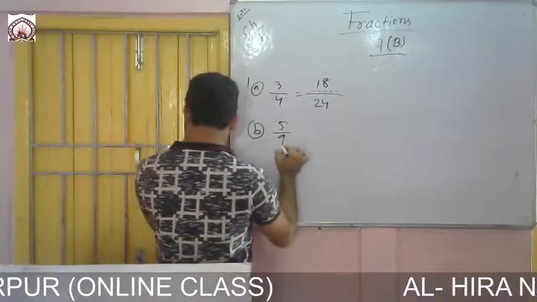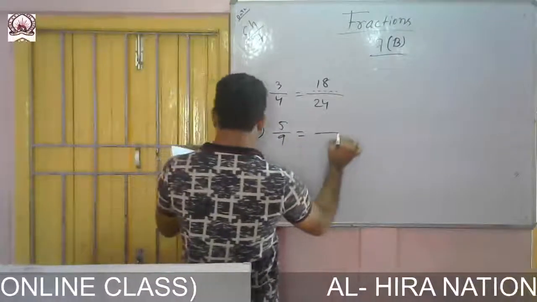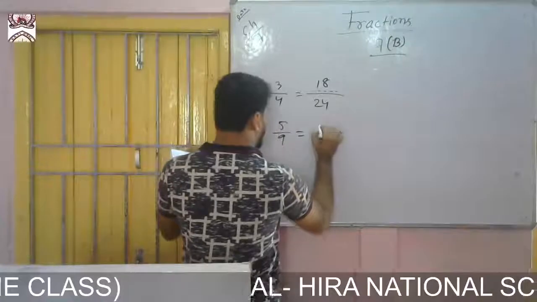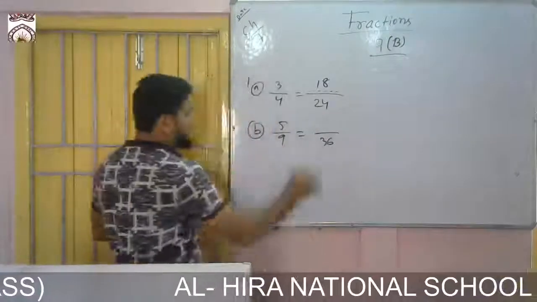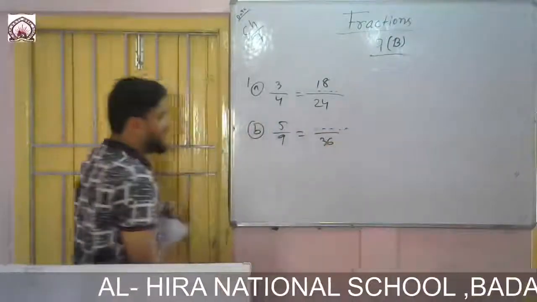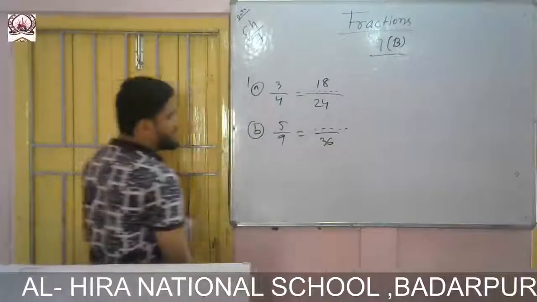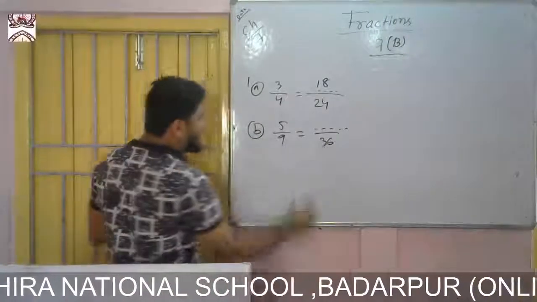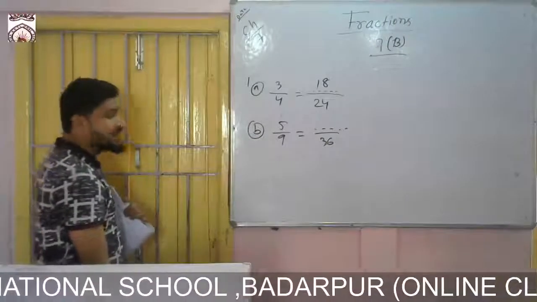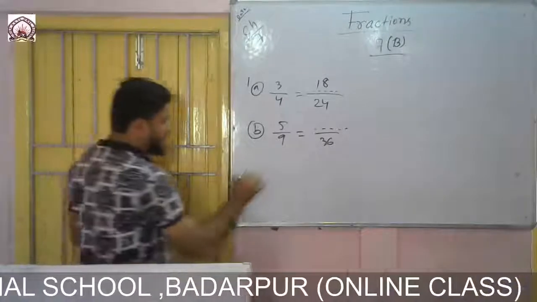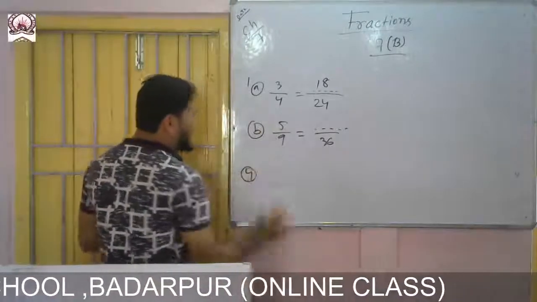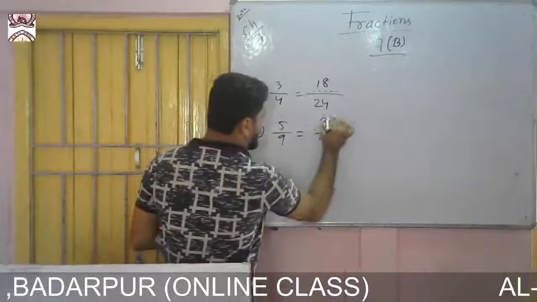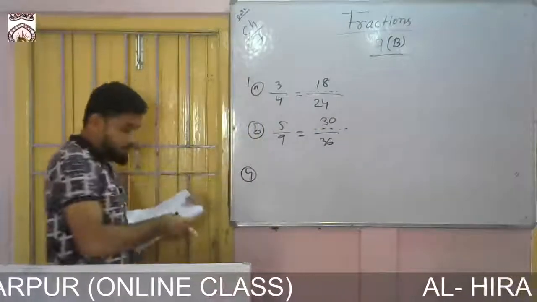5 by 9 equals 36 by a blank, you need to find. So 9 times how many is 36? 9 fours are 36. So 4 we got. So 4 fives are 30. Here will be 30.